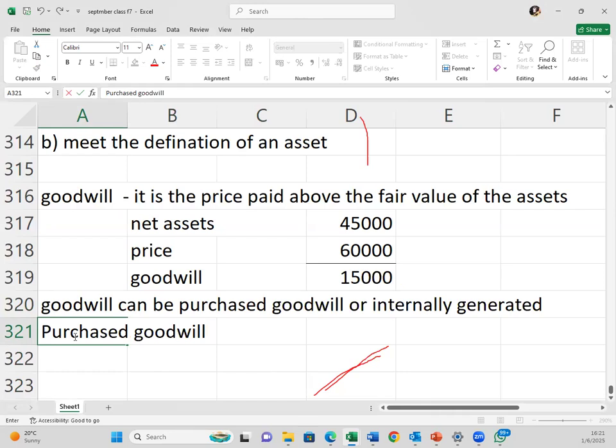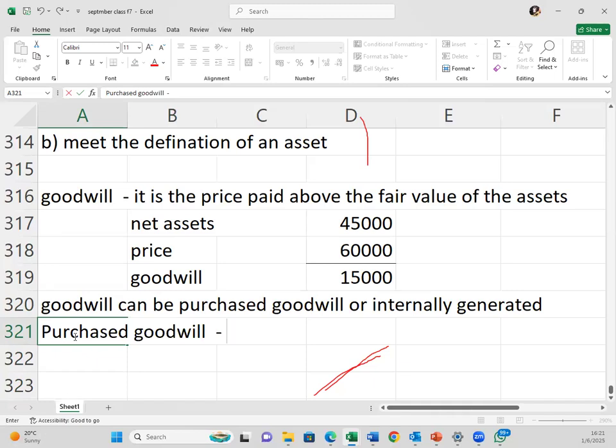Remember the goodwill, we are charging you because we have created a good name. We are charging you because we already have a customer base. We are charging you because you are buying an established business. So that price we paid because we bought an established business, we can recognize it as part of the benefits we bought, as an intangible asset we bought.